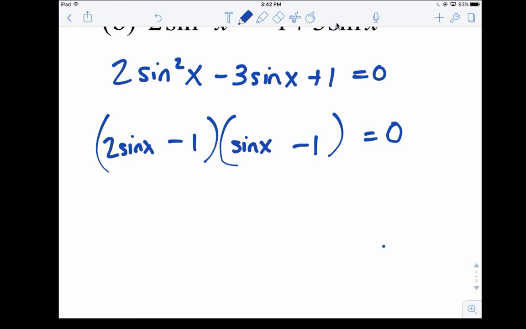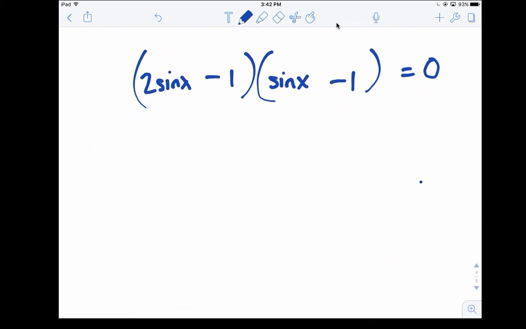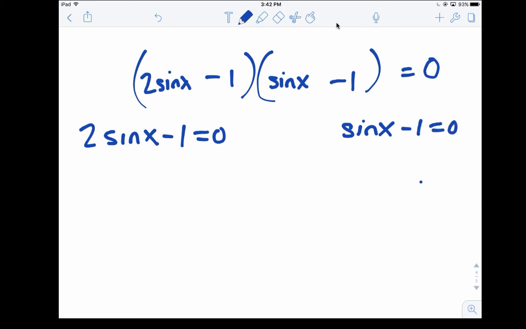So always check your multiplication when you're doing these. Alright, so your two factors now are 2 sine minus 1 equals 0, and then sine minus 1 equals 0. Okay, so solve for the trig equation. So you have sine of x equals 1/2, and you have sine of x is equal to 1.